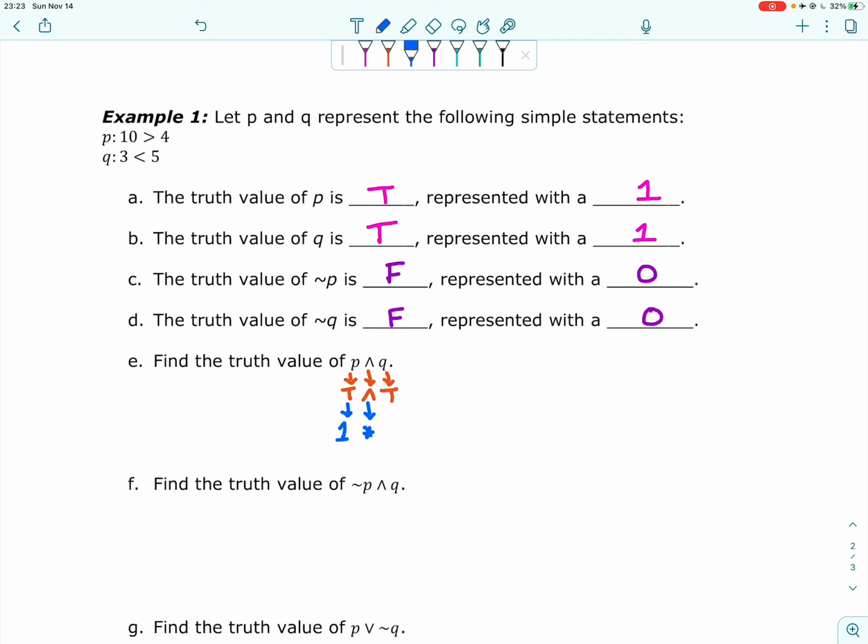And means we multiply. And a true statement is represented again with a 1. So 1 times 1 equals 1. Because the resulting value of this multiplication is not 0, this is a true statement. So the entire conjunction that we have here, P and Q, is true.